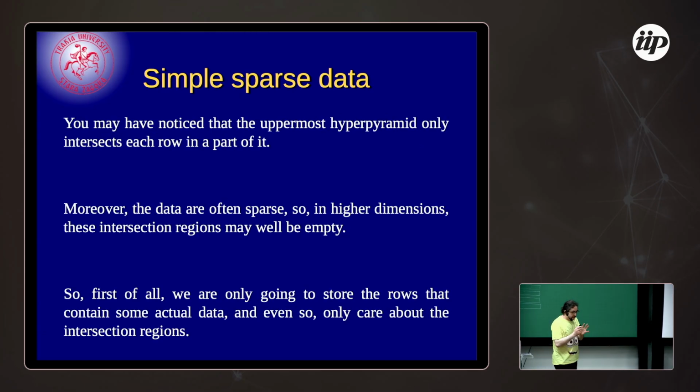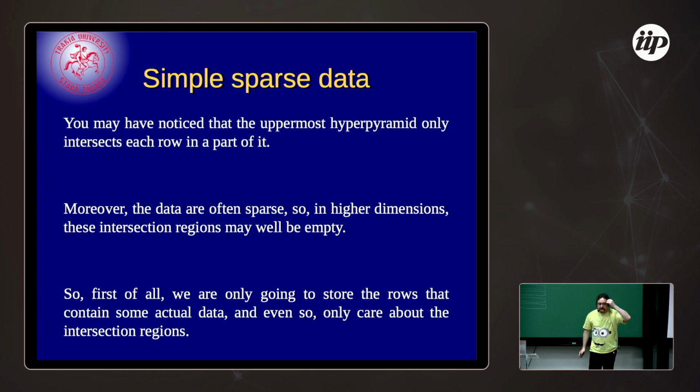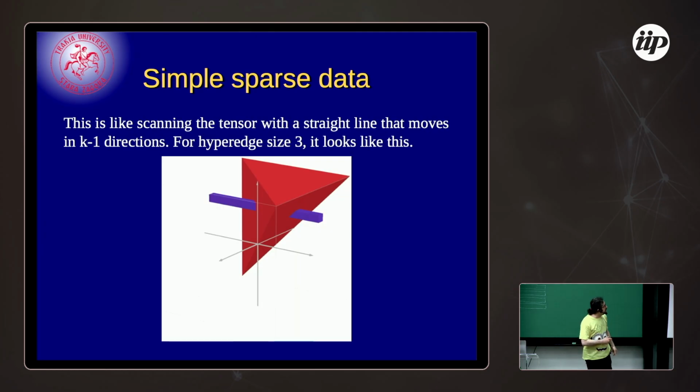Concluding this initial reasoning, what we want to do is store only the rows here that have something in them. And of the rows that do have something in them, we only store the intersection region between the row and the uppermost hyperpyramid of the tensor.